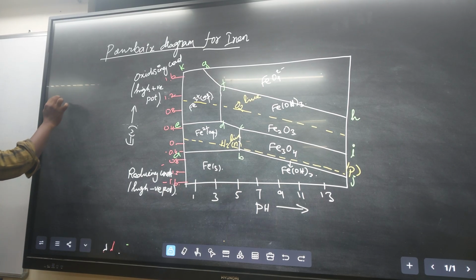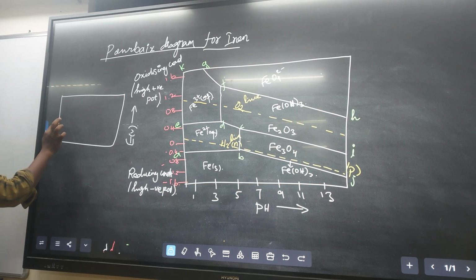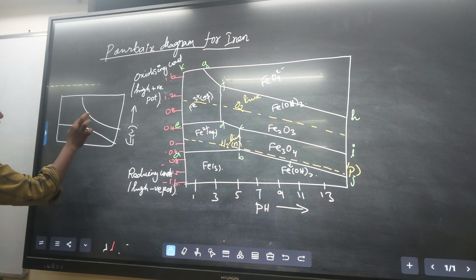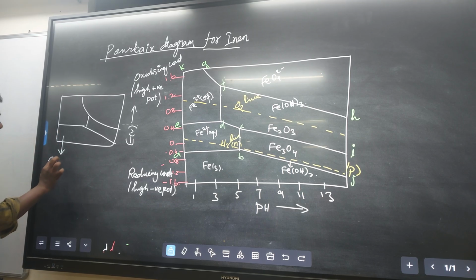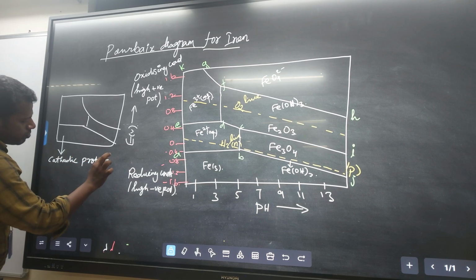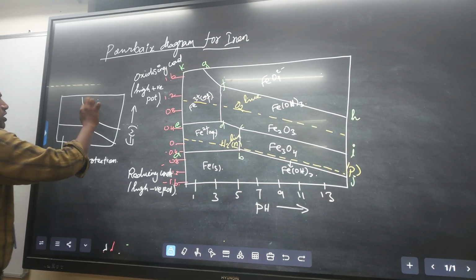So simplify your diagram, meaning the simplified diagram. Look here. This is an approximately simplified diagram. This one is cathodic protection, and here anodic passivation.